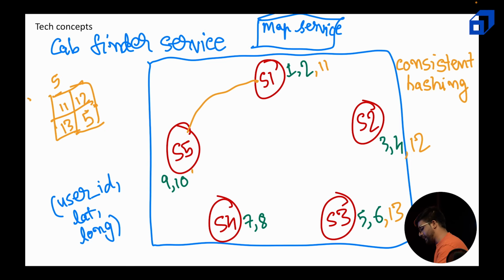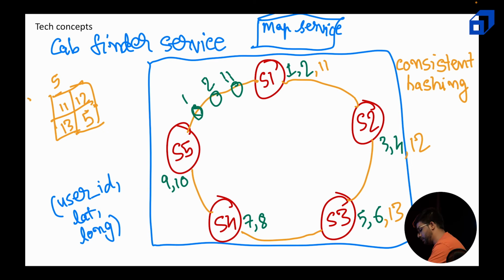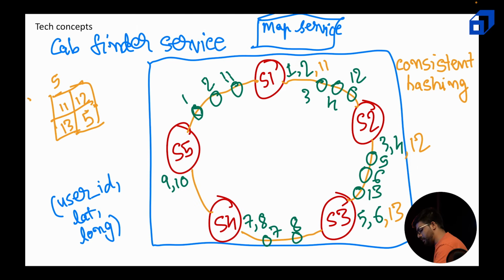So the hash ring has the structure of a ring, which is the reason why we call it a hash ring. And it has some nodes on top of it: 1, 2, 11, 3, 4, 12, 5, 6, 13, 7, 8, 9 and 10.